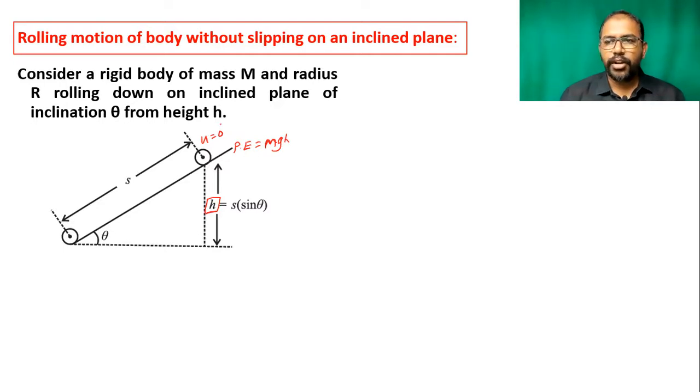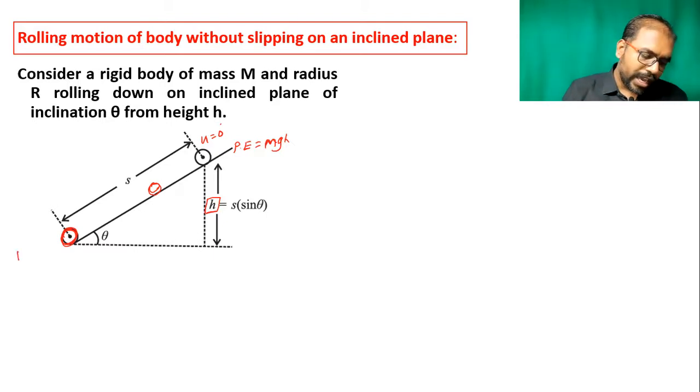As we release the body, its potential energy starts decreasing, because when it is reaching lower, the height decreases, then potential energy decreases. Potential energy starts decreasing. At the same time, kinetic energy starts increasing. When the body reaches the bottom point, then potential energy is 0, because the potential energy formula is mgh, and h is 0 at that point.